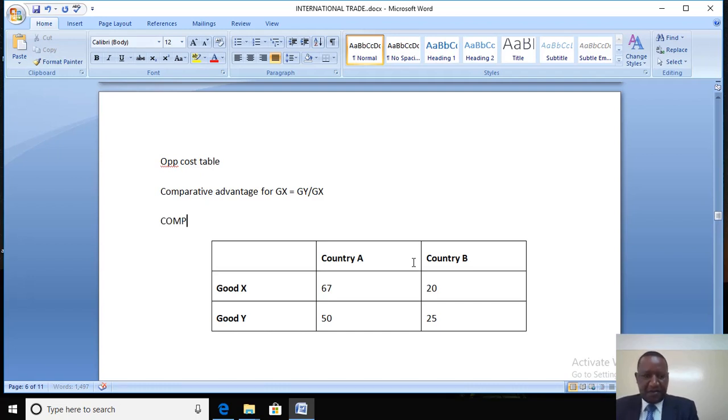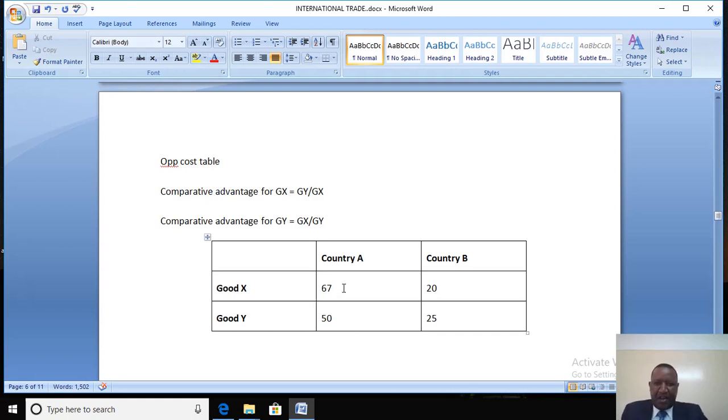Comparative advantage for good Y will be equal to the quantity produced of good X divided by the quantity produced of good Y.